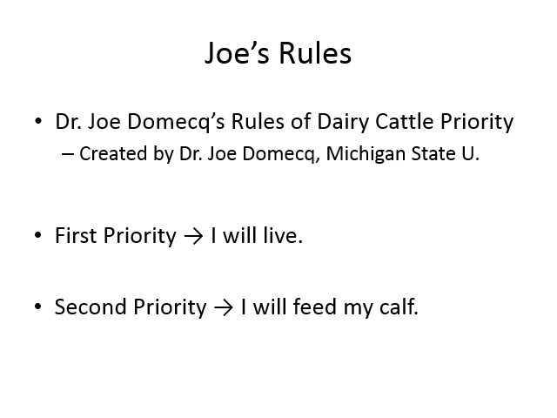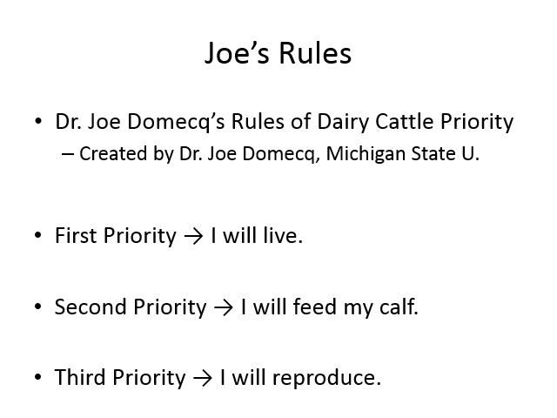So we're making milk. The third priority is I will reproduce, or I will create the next generation, if you will. So we want to take care of ourselves first, the calf second, and then if any nutrients are left over, we're going to put them toward reproduction: conception, pregnancy, creating the next generation.